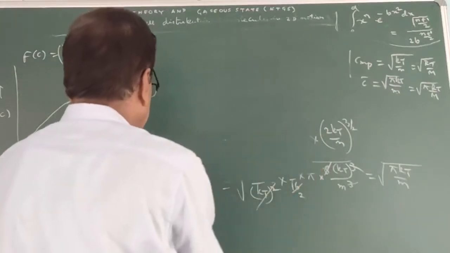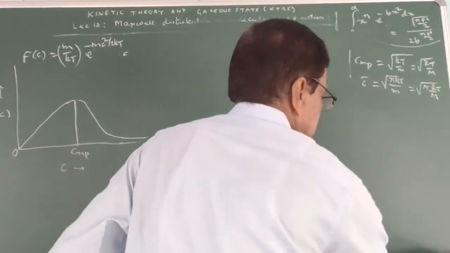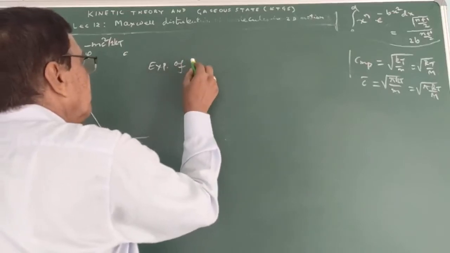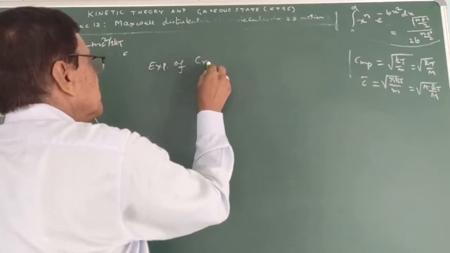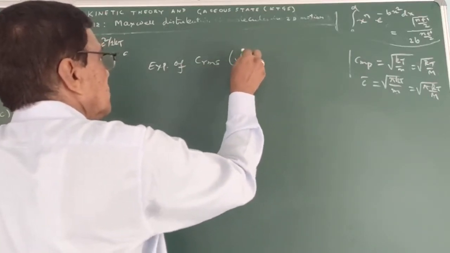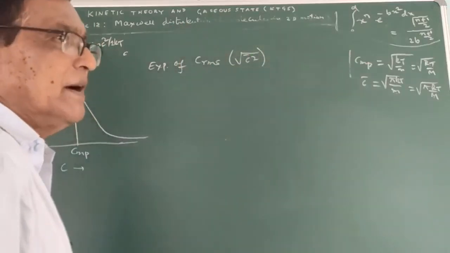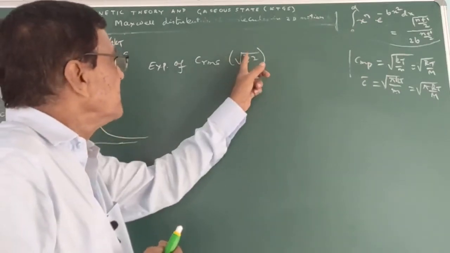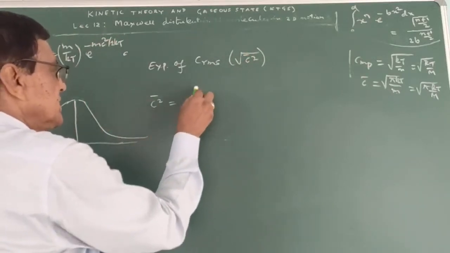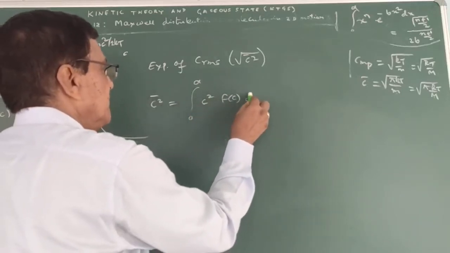Then our task is to find the expression of C_RMS. C_RMS means root over of c square bar, root mean square speed. First we find the mean square speed. Mean square speed is c square bar, and this is equal to the integral from 0 to infinity of c square f(c) dc.